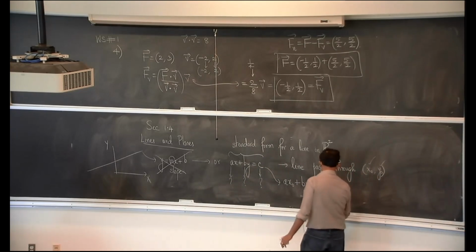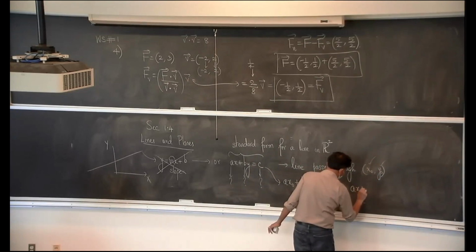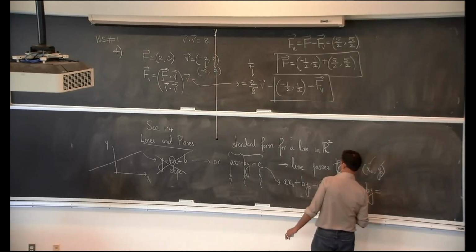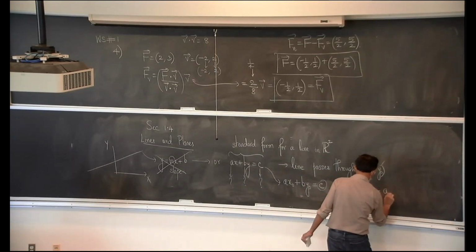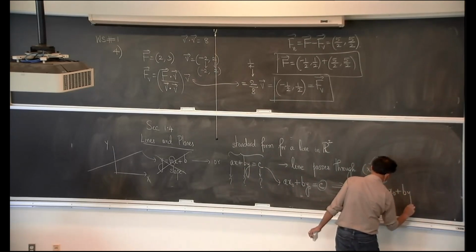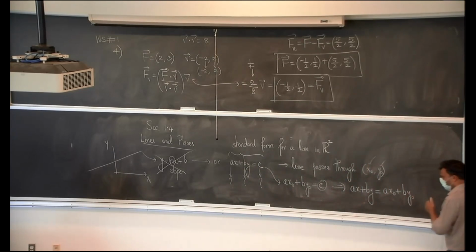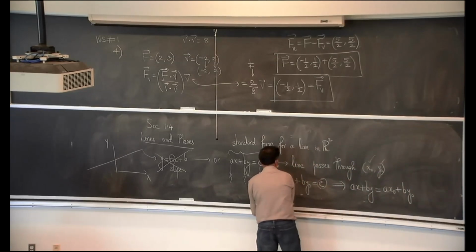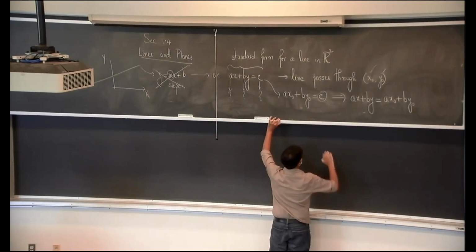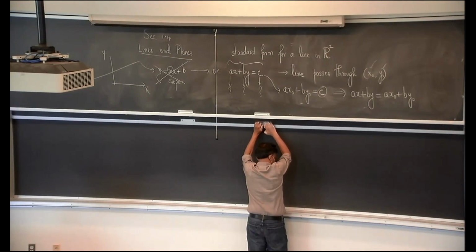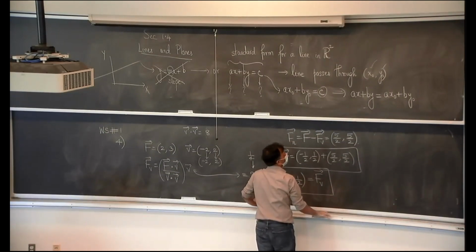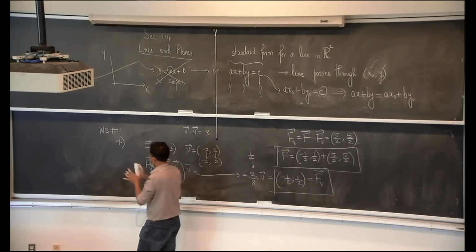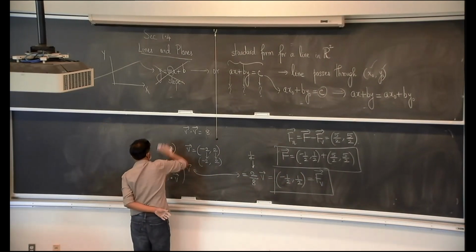So we can write ax plus by equal to c, which is a x naught plus b y naught. I got rid of one of the constants. So now we just need to worry about a and b. I'm just going to bring all the terms to the left-hand side and write it in a slightly different form.